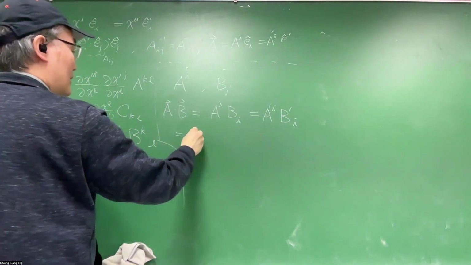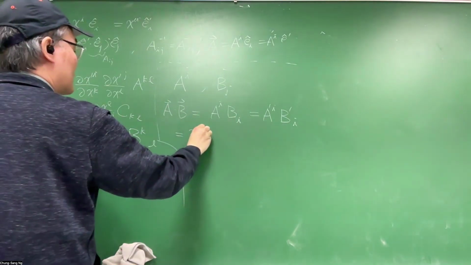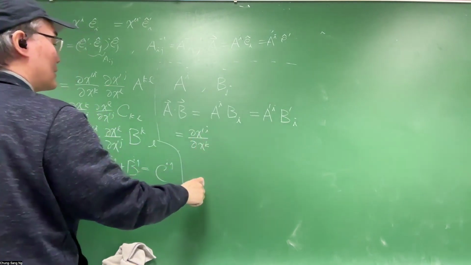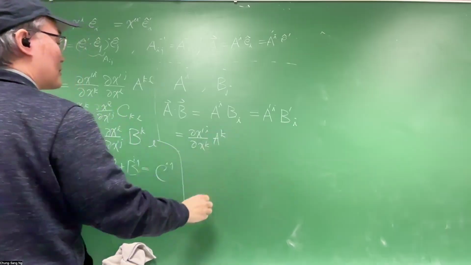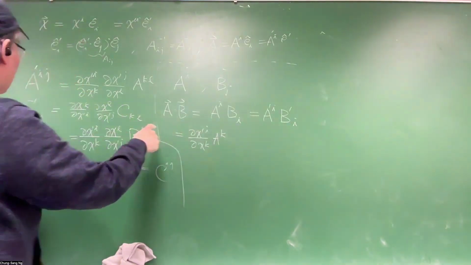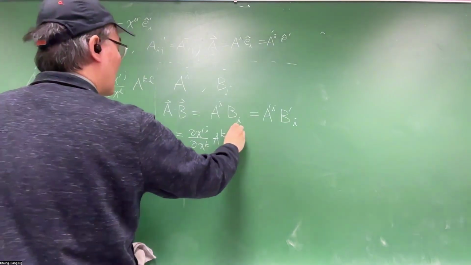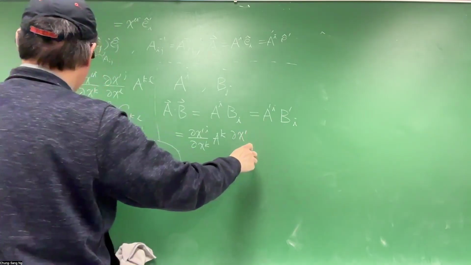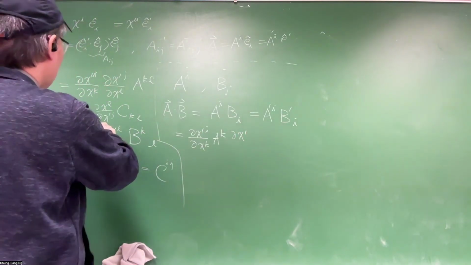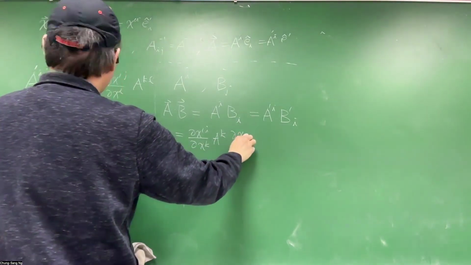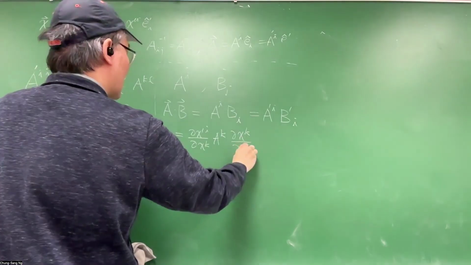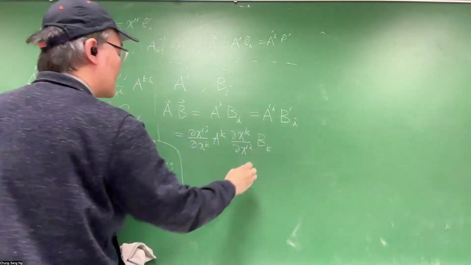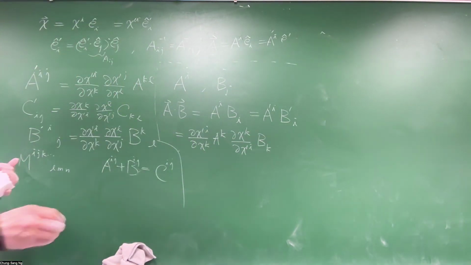So A'^i is ∂x'^i/∂x^k times A^k, and B' uses the subscript, so it's ∂x^k/∂x'^i times B_k.